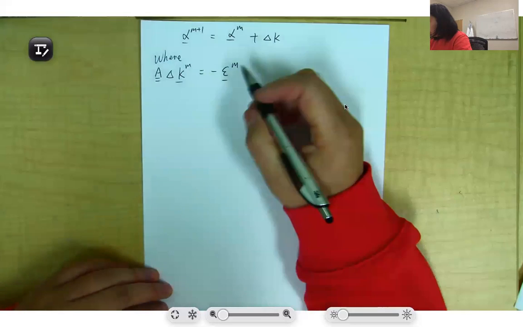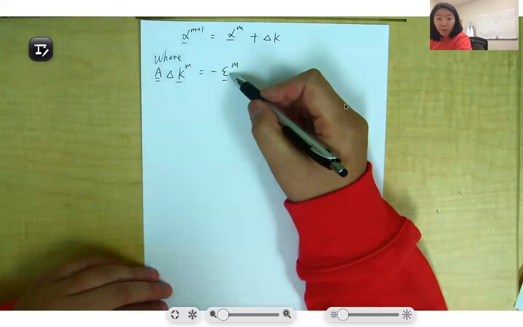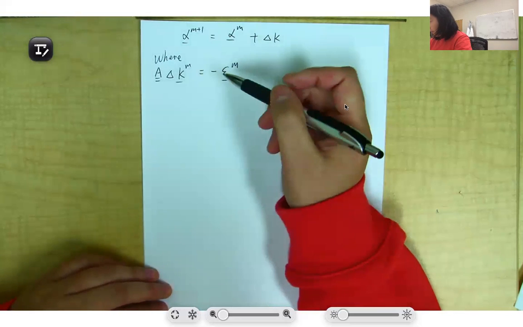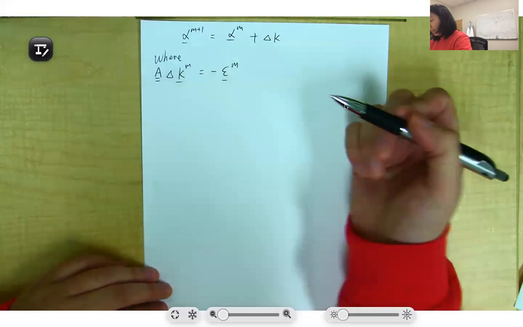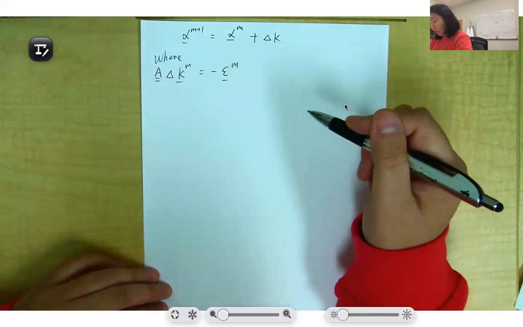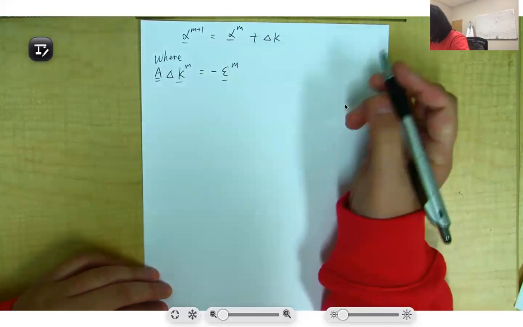We are trying to adjust by the current error in the opposite sign, so that the next guess is better and can meet the boundary conditions.